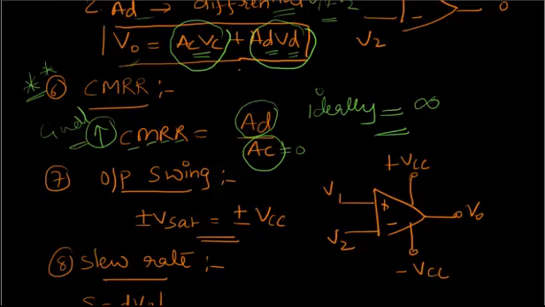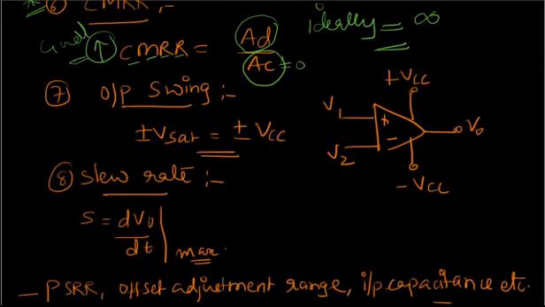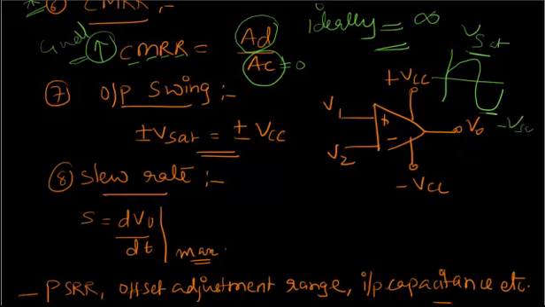Okay, next, the output swing. The output swing of an operational amplifier is nothing but the maximum value of the output voltage, this value and this value. What is the limit up to which the operational amplifier can go? This value is called Vsat, saturation, and similarly this is minus Vsat.